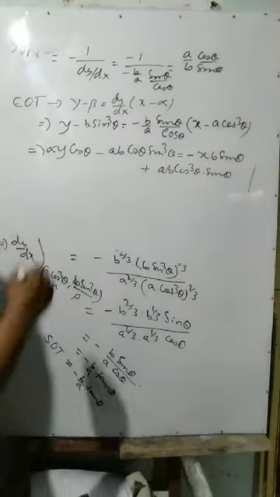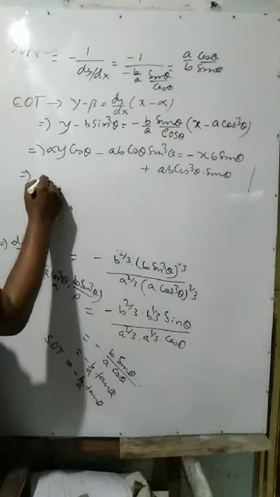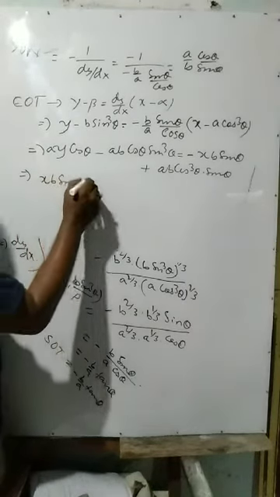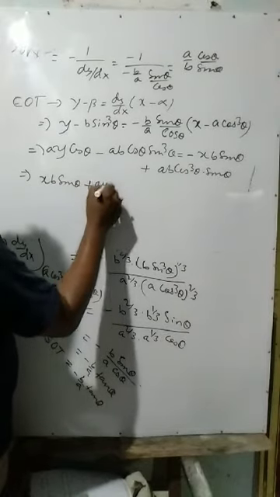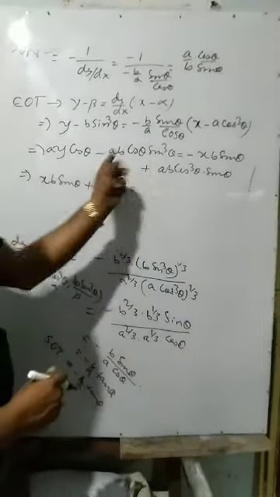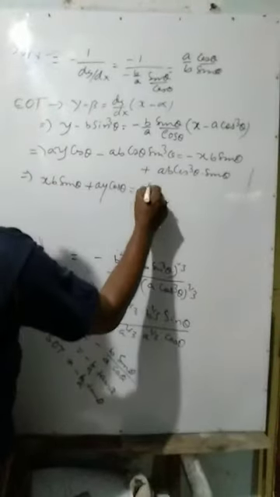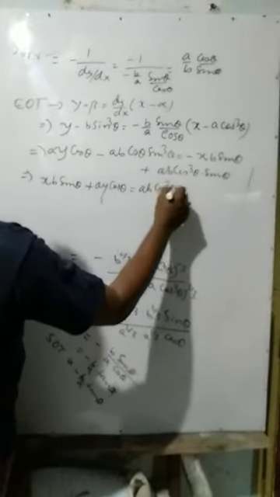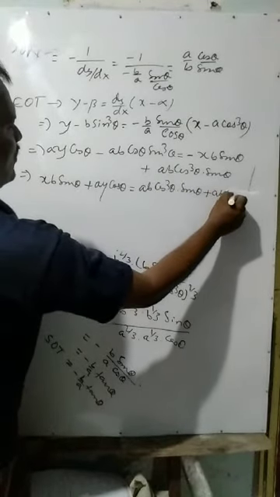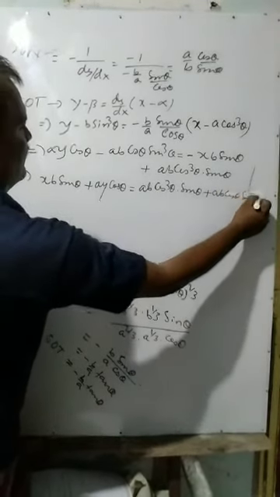Take this side, then you get xb sin theta plus ay cos theta equal to the whole total: ab cos cube theta sin theta plus ab cos theta sin cube theta.